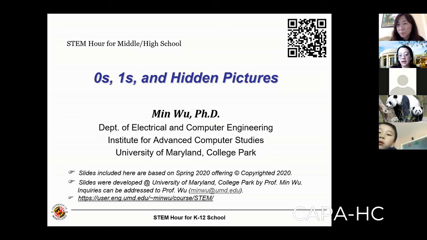And that's one of the core areas of research and contributions in what we call ECE, Electrical and Computing Engineering, and also some of the branches in computer science.